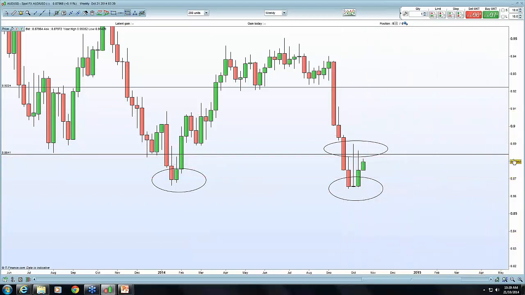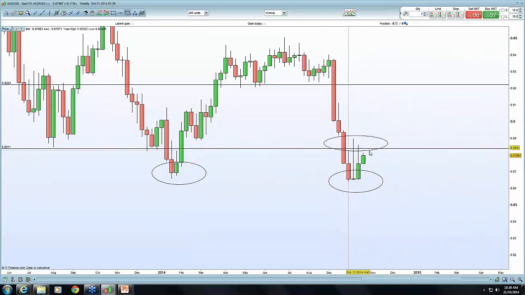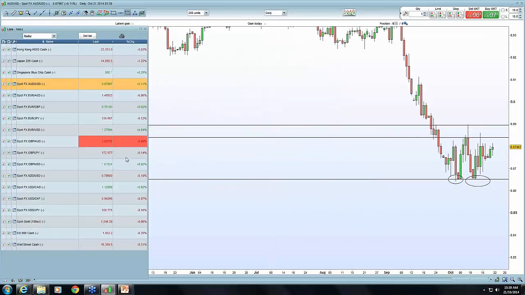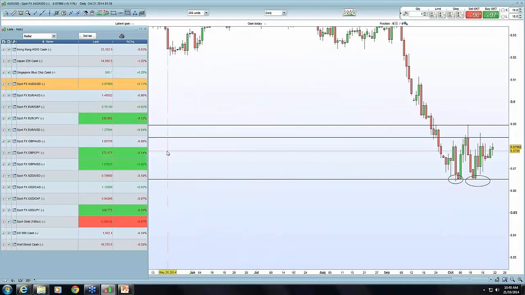We'll see what happens, but all I know is that this whole level here is strong resistance. If I'm bullish on the Aussie dollar, I'll be very careful, especially when the market goes to these levels again. So let's go to the daily chart. Now on the daily chart, let me just bring this up. Give me a moment.